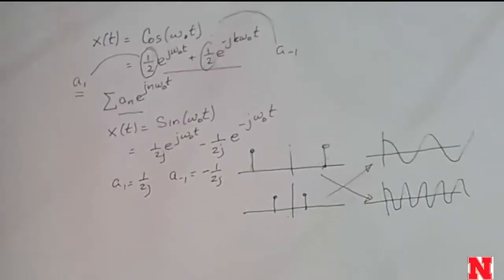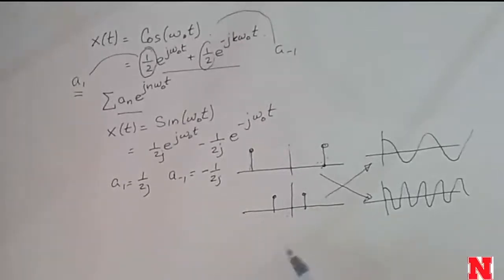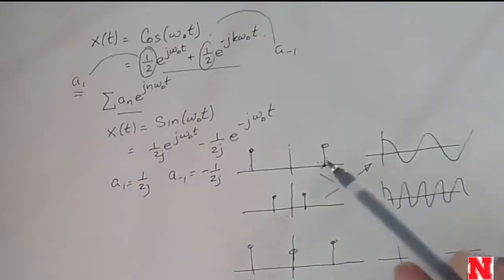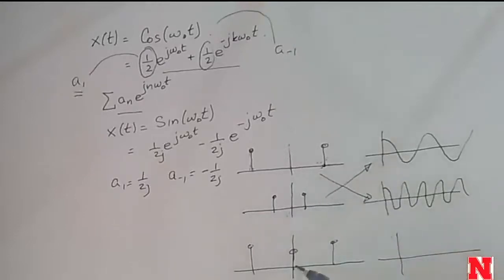If I had, say, another one, and this had a coefficient here, and here, and here, the corresponding signal would have the same frequency, but it has a DC value, so it would be something maybe like this.